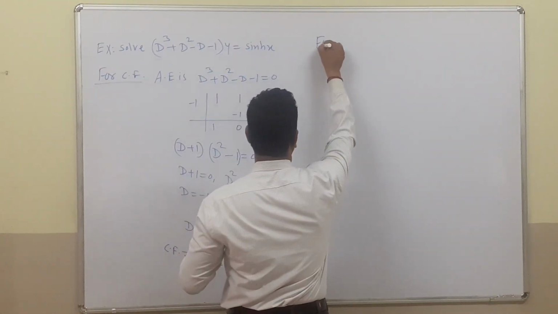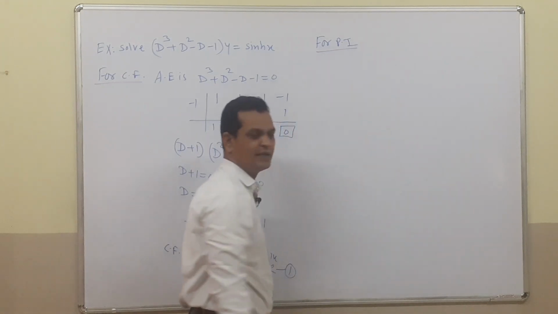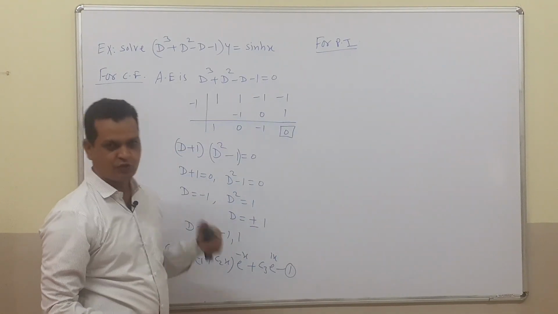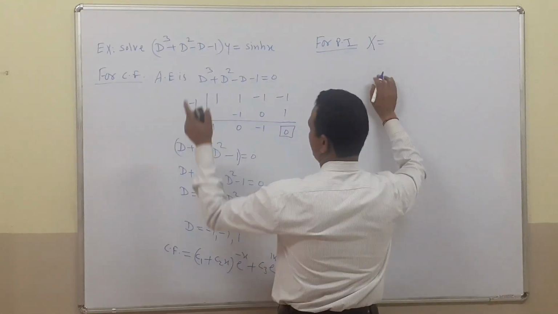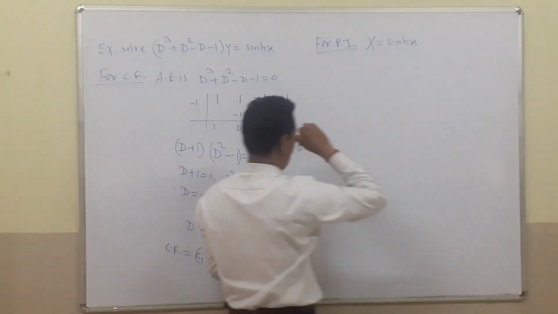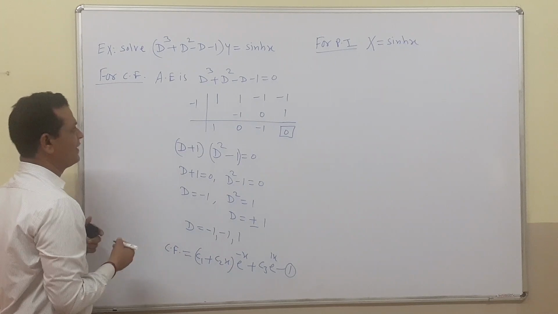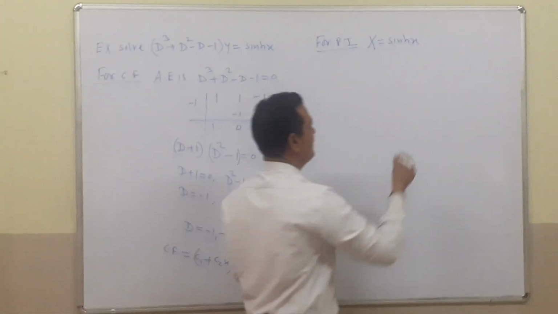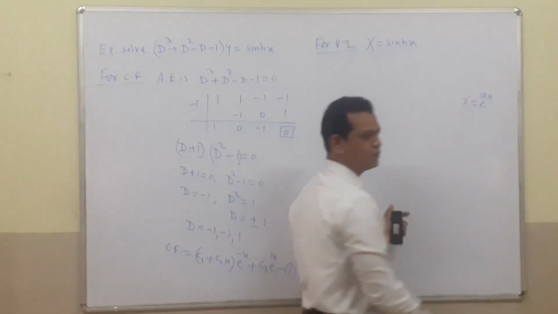Whenever we find the particular integral of any equation, first write down the value of the right hand side term, capital X. So here the right hand side term capital X is sin hx. Up to this step we only know how to find the particular integral when capital X is an exponential function of the type e raised to ax.